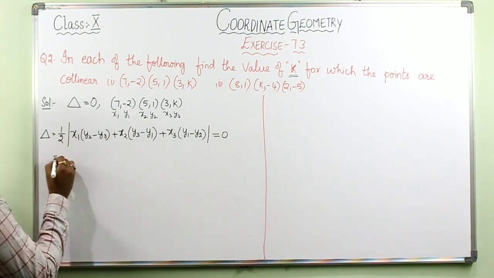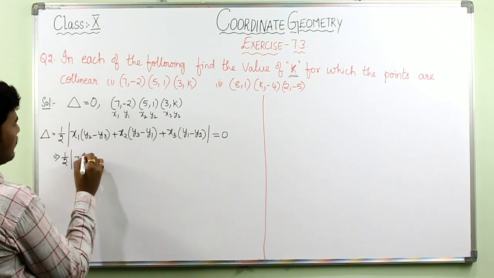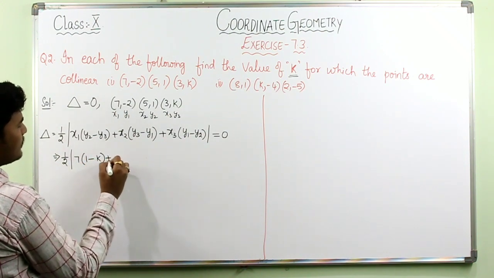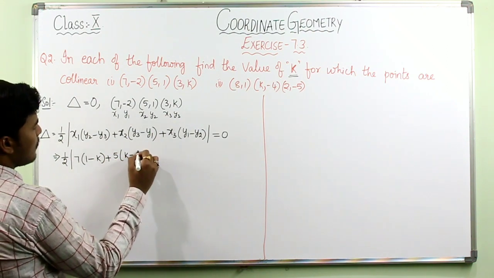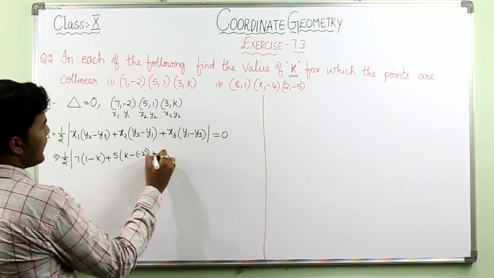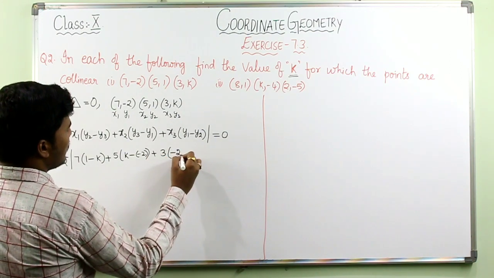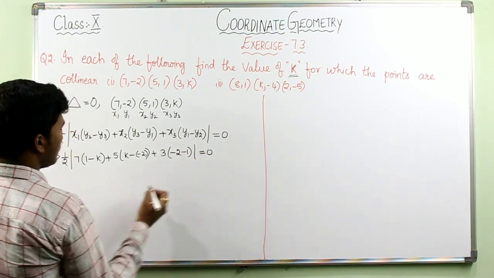So let us substitute them. This implies 1 by 2 times of x1 is 7 into (y2 is 1 minus k) plus x2 is 5 into (y3 is k minus of minus 2) plus x3 is 3 into (y1 is minus 2 and y2 is minus 1), equal to 0.